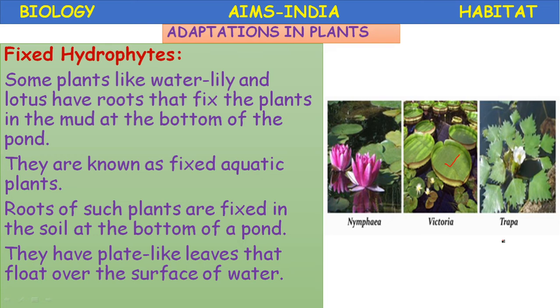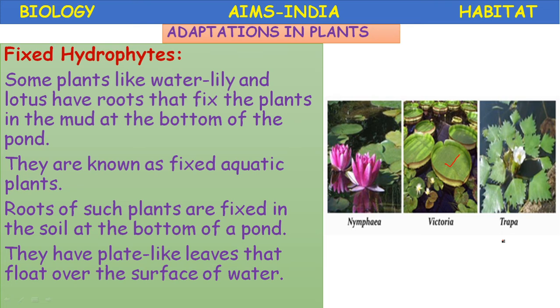So these fixed plants, the roots of these plants are fixed in the water bed. For example, lotus and water lily. The stems of these plants are long, hollow and light. Leaves are broad and have a waxy coating. They float on water.